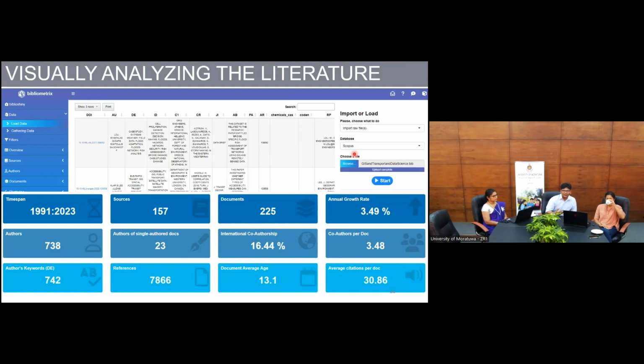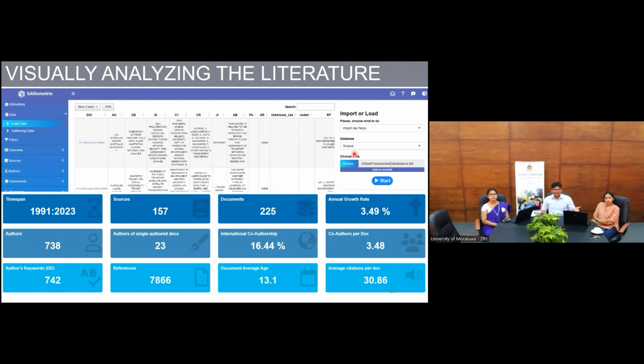Once you have imported the data, you can easily see a helicopter view of what has happened in this particular area, the keywords. For instance, I specifically didn't remove the time span, because if I were doing the research, I would focus on the recent five years, maybe 2018 to 2023, but I just kept it so you can see how it is.